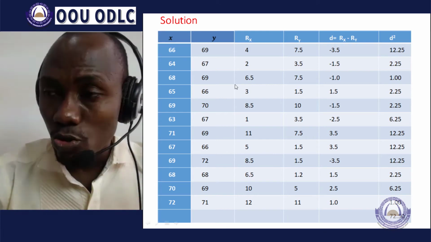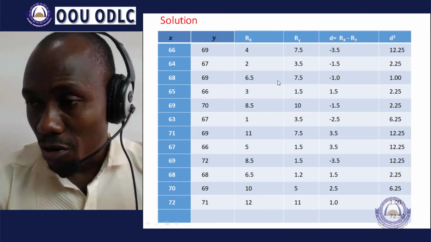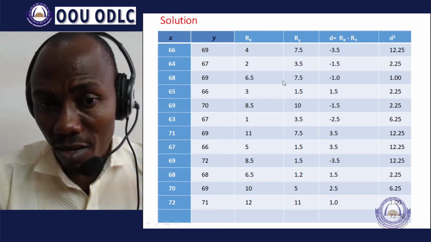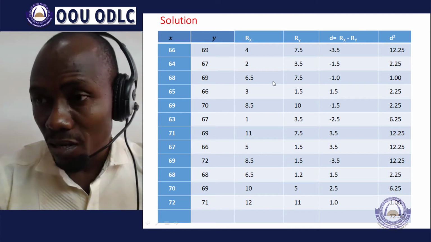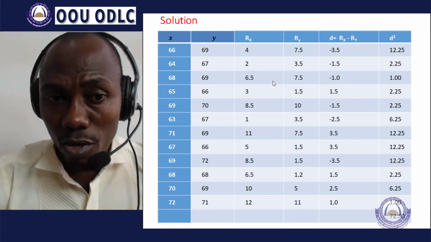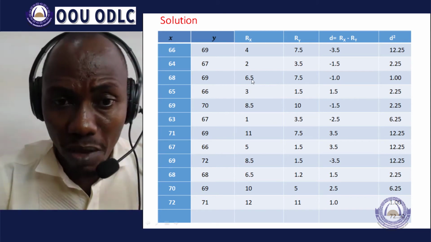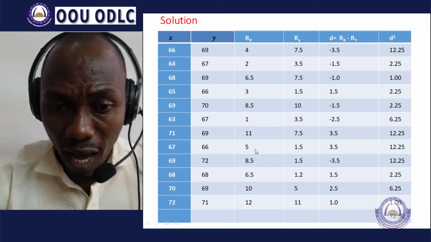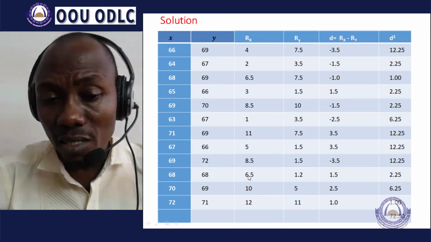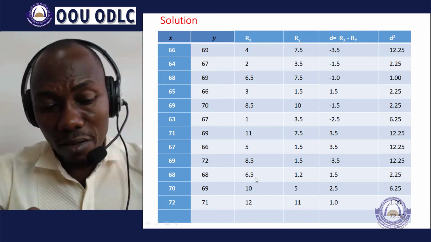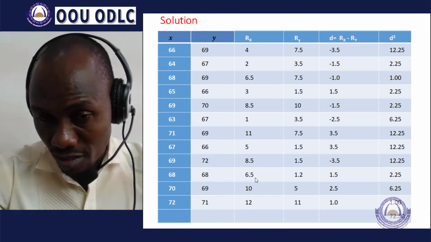We take the two ranks, 6 and 7, add them together, which gives us 13, and divide by 2, which gives us 6.5. So the rank for each of these two 68 values will be 6.5 and 6.5. With this, we have covered the ranking for the 6th and the 7th.